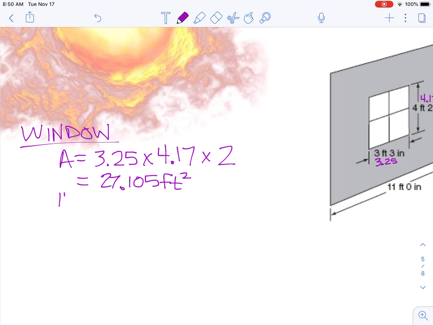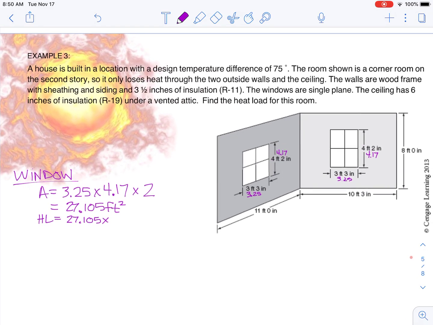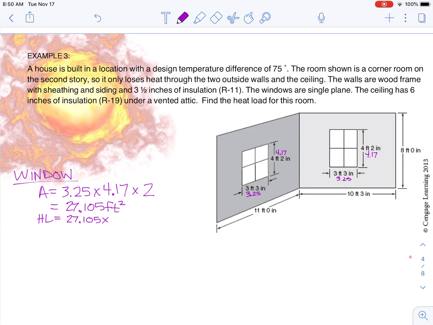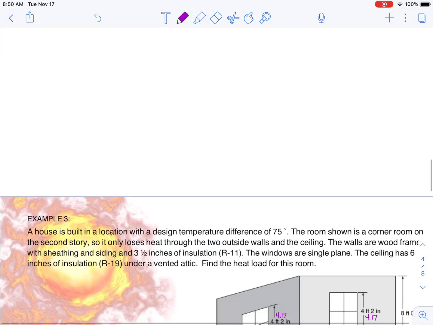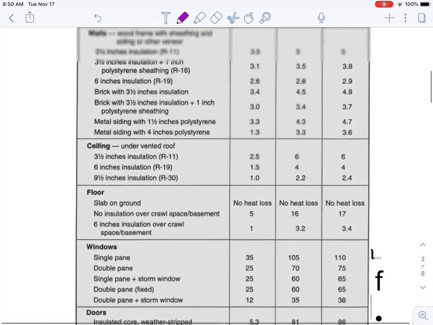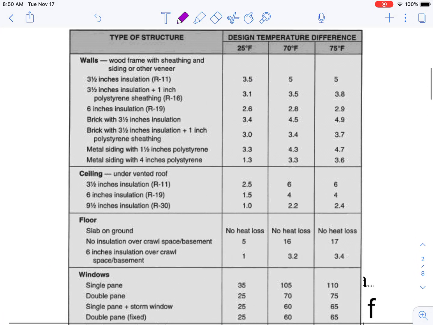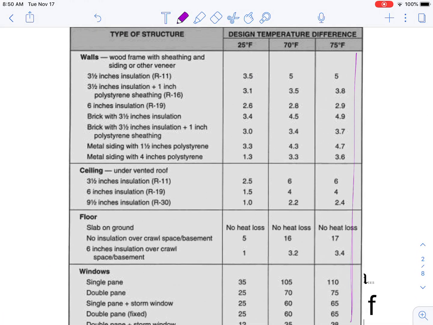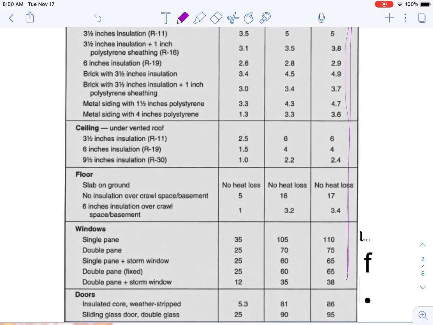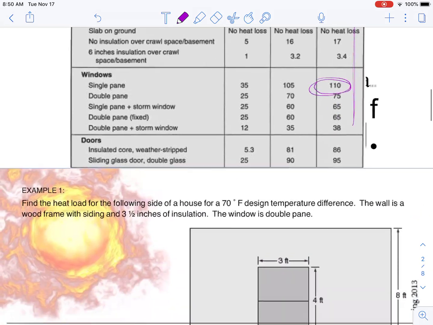So the heat load for those windows would be your area times the coefficient of change. Our area is 27.105, times the coefficient of change. Our windows were single pane windows, and we were in a 75 degree temperature difference. So 75 is this third column over here, and we're single pane, so our coefficient is 110.